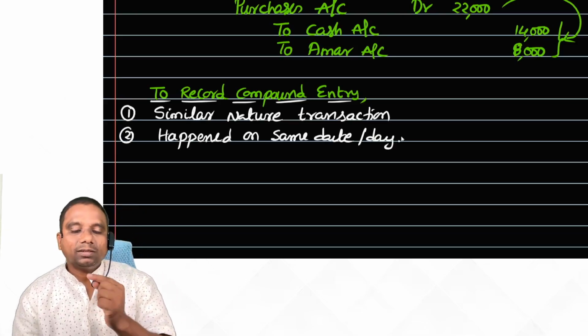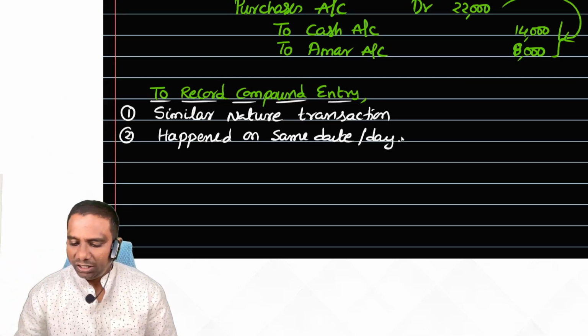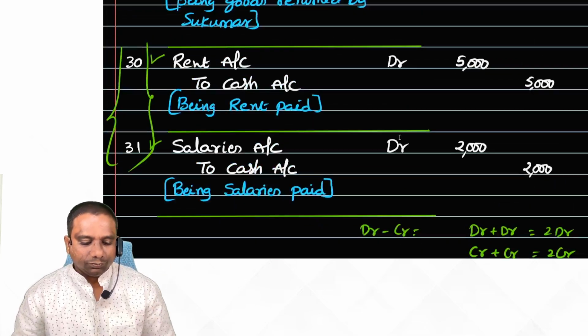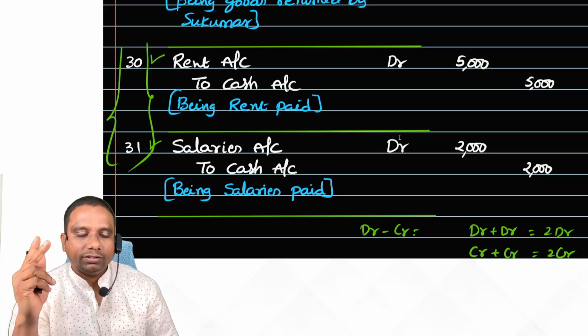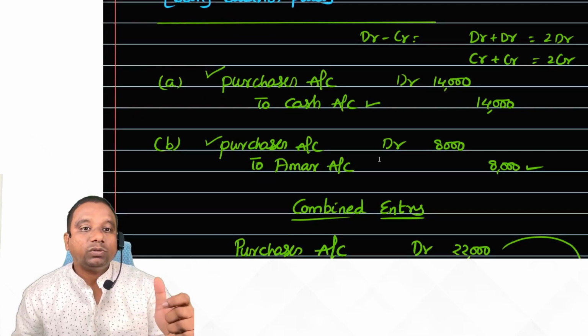Suppose rent and salaries are paid on the same date, then how do we record the entry? First, observe the two entries. Observe debit and credit: same or different? Different, sir. Previously, purchases was the same, that's why we added.